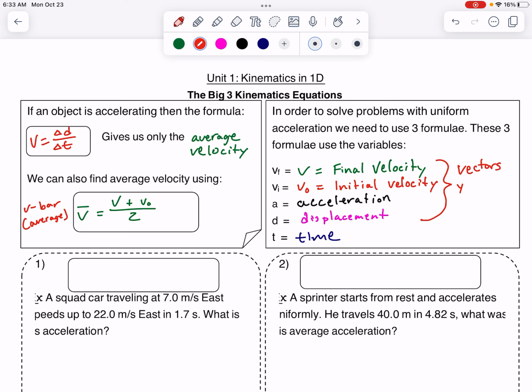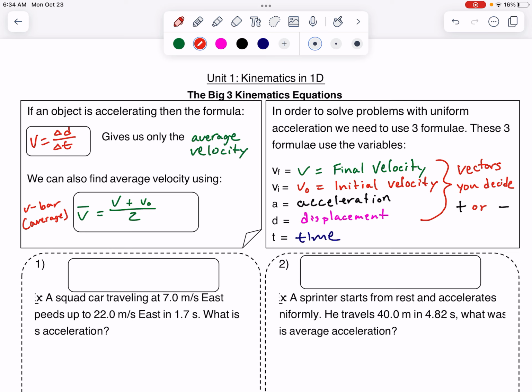So you decide, so basically you decide positive or negative. Right, because again, velocity vectors, displacement vectors, whether objects moving forwards or backwards, that's all a matter of perspective.